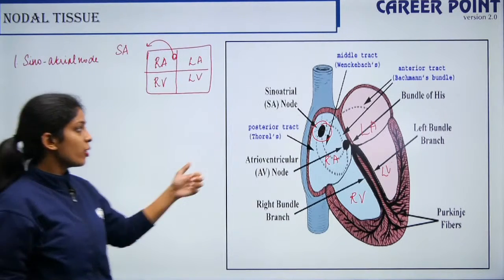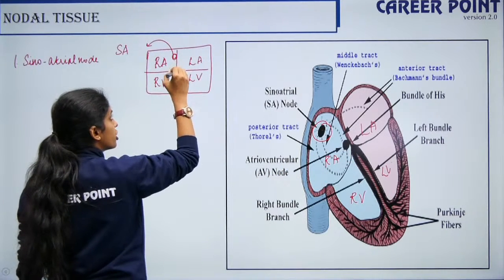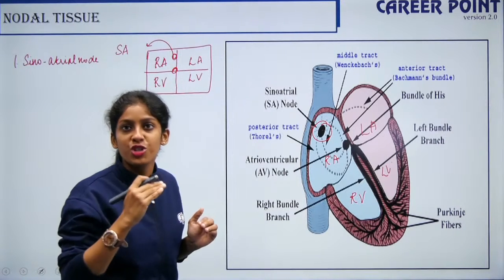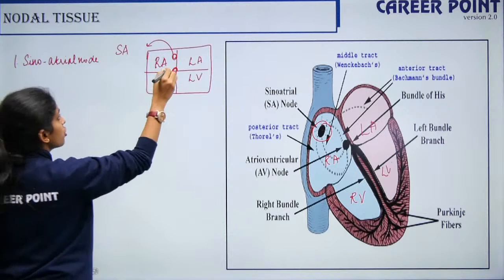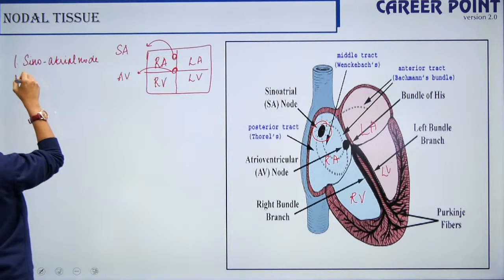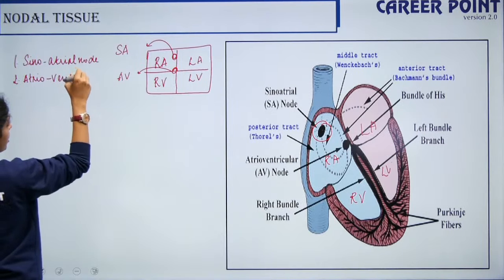Fine. And then you have the AV node. Exactly at this junction, between the interatrial septum and the atrioventricular septum, there is another patch of tissue. That is known as the AV node, the atrioventricular node.